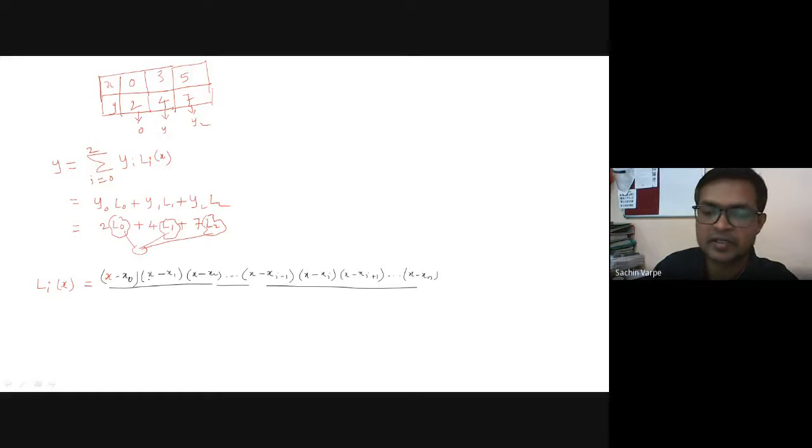While writing the denominator, we have to replace this x by xi, so that is xi minus x naught.